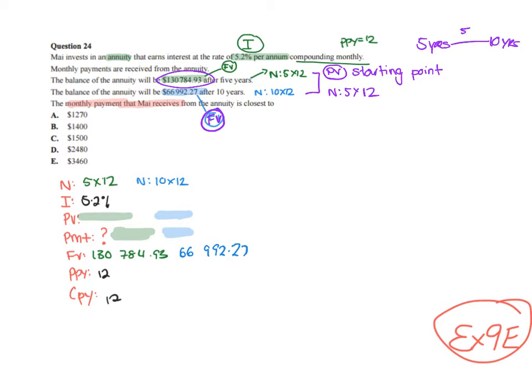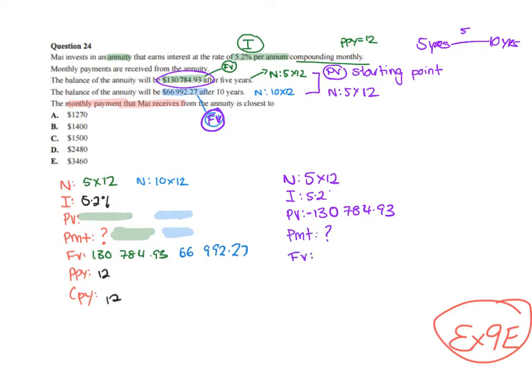So I'm going to pop into Finance Solver. I'm going to say for those 5 years at an interest rate of 5.2. Now the PV is negative, isn't it? So I'll put negative 130,784.93. I'm going to pretend I invested it at that point, and that the payment is the question I want to know.